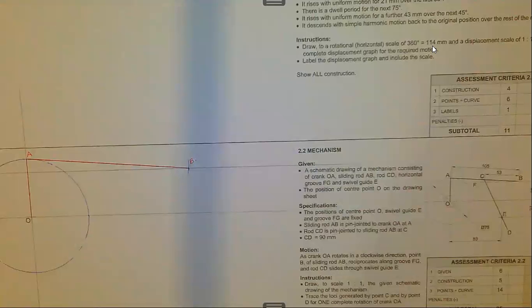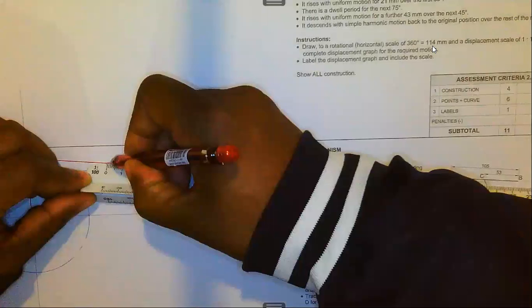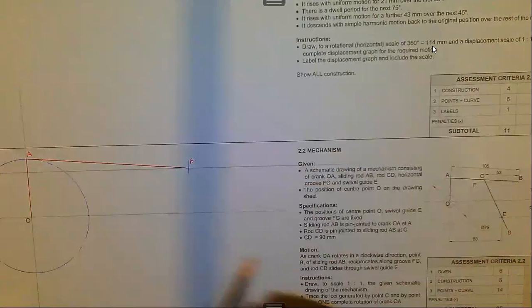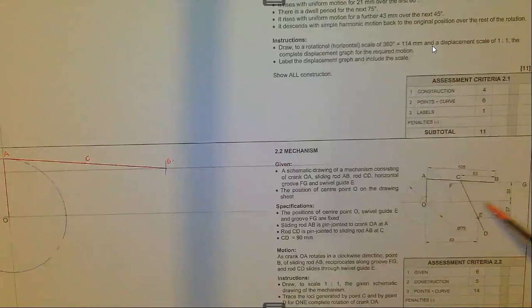Then we need point C. Point C is 53 millimeters from point B, right? So measure and mark a point like that, point C like that. Right. The next thing that we want is to locate E, which, if we look from here, is 25 millimeters from the center line and 83 millimeters from here.